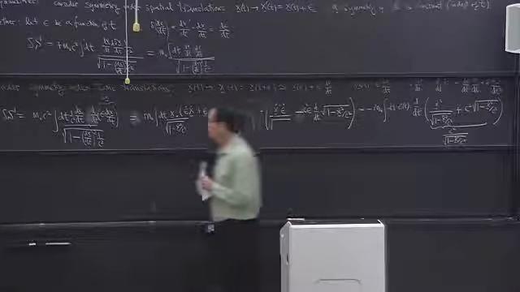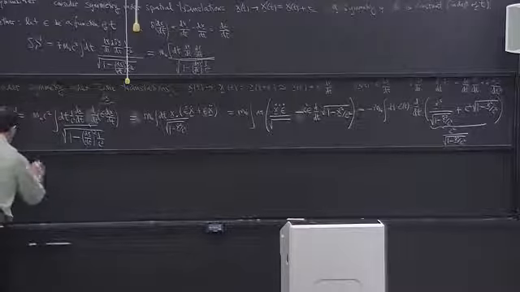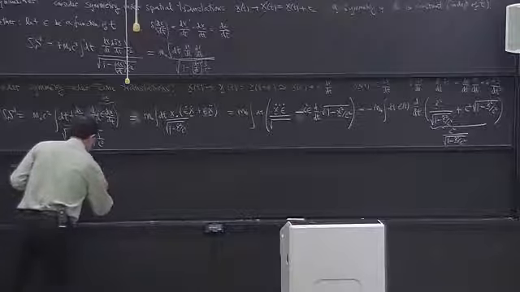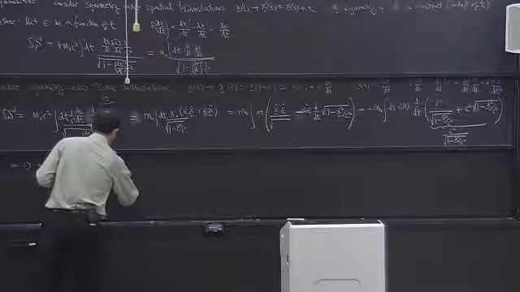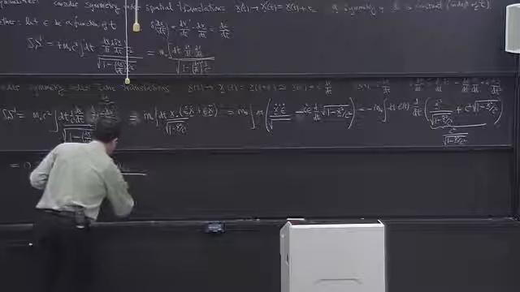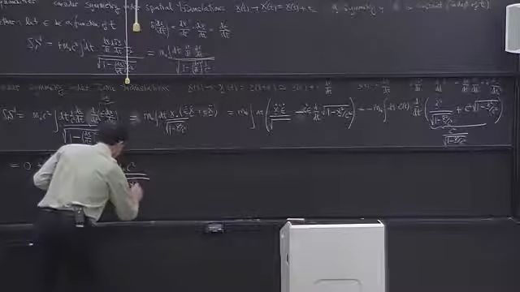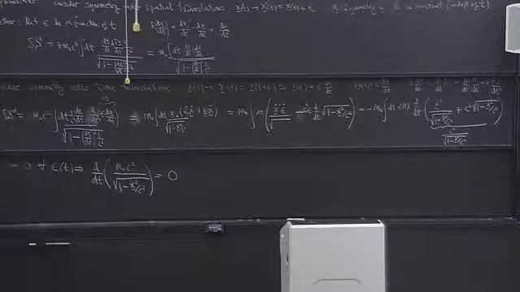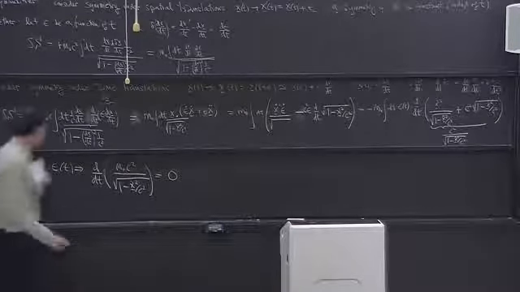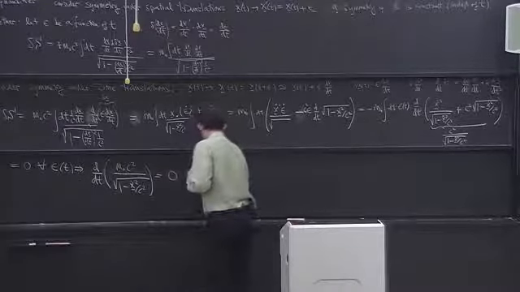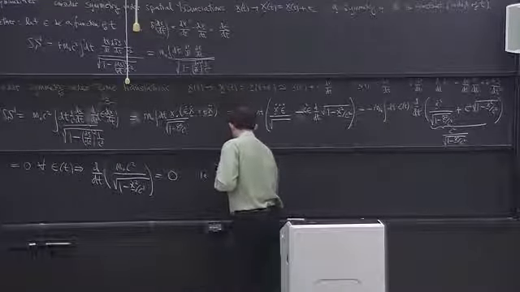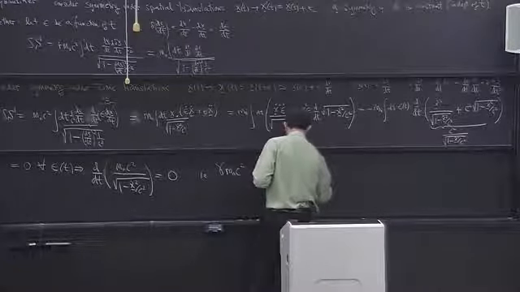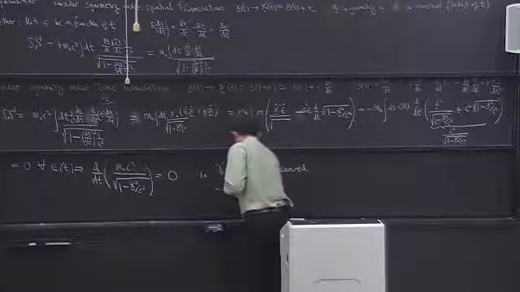So it follows that d by dt of m naught c squared over square root 1 minus x dot squared over c squared equals 0. And what is that quantity? Well, that quantity is just gamma m naught c squared, which is conserved.